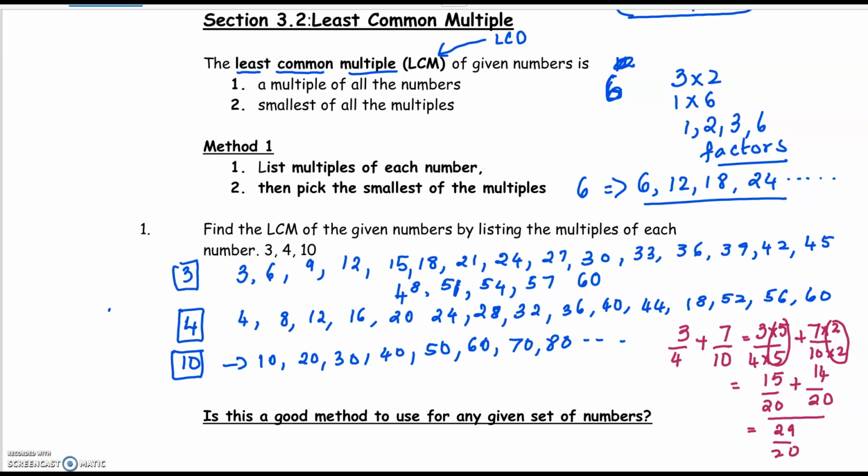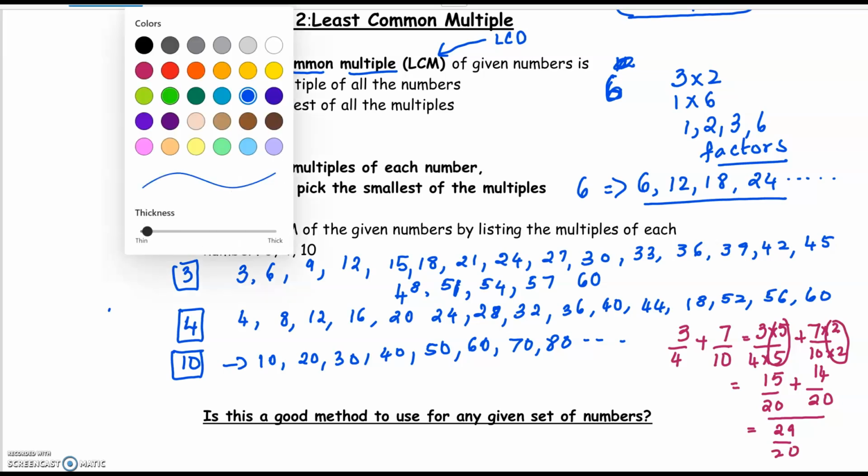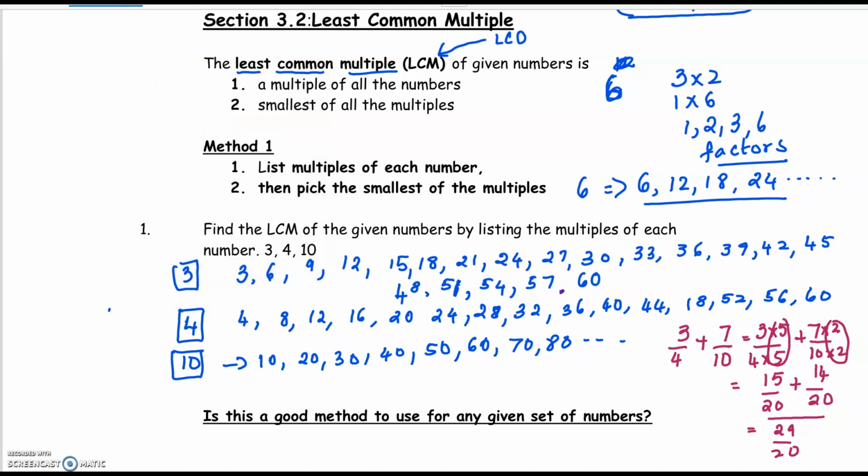So let's look at these sets of multiples once again, 3, 4, and 10. Earlier we were looking at pairs of numbers. Now let's look at all three numbers and look for a common denominator. And here it has to be common to all three. So if you look at a multiple that's common to all three, notice that this is the only possibility.